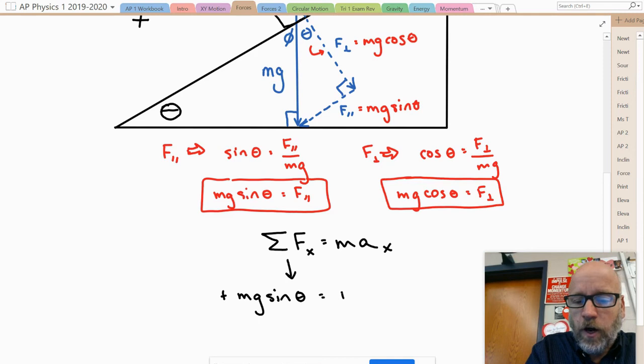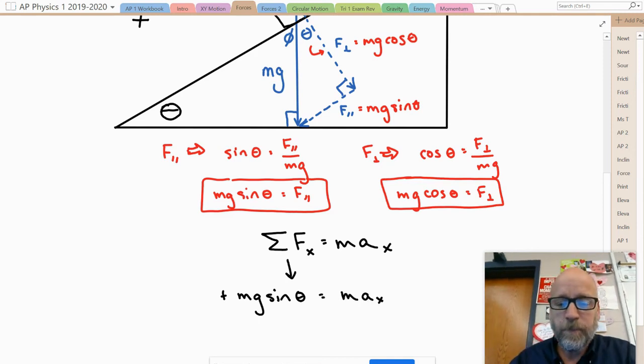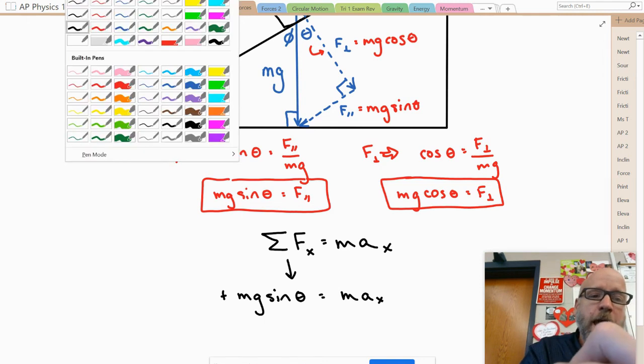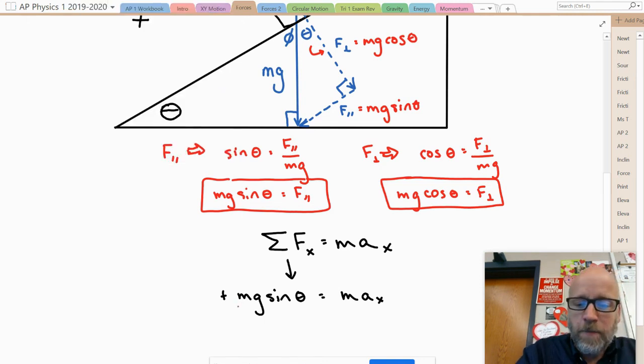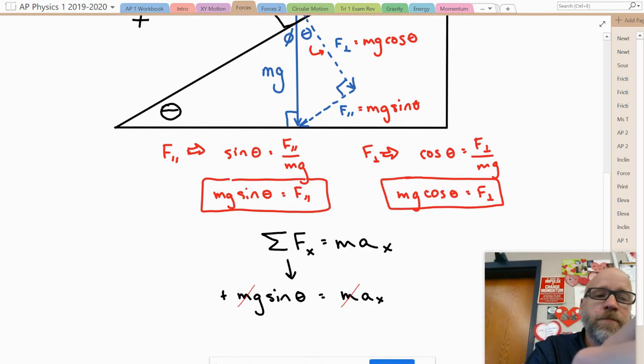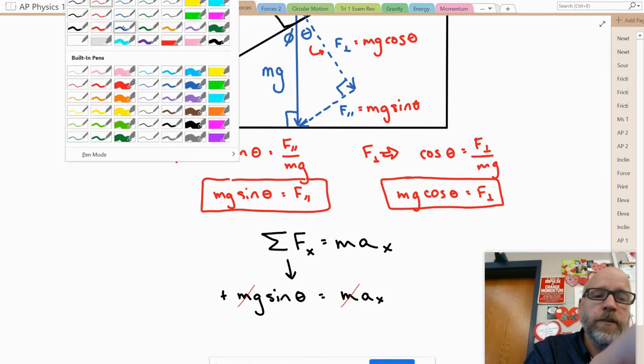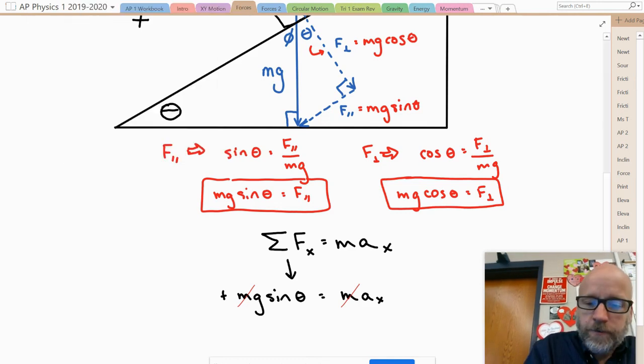That is going to cause the mass to accelerate. Yep. And in fact, what we see happen is that the masses cancel out, and we are left with the acceleration equal to g times the sine of theta.